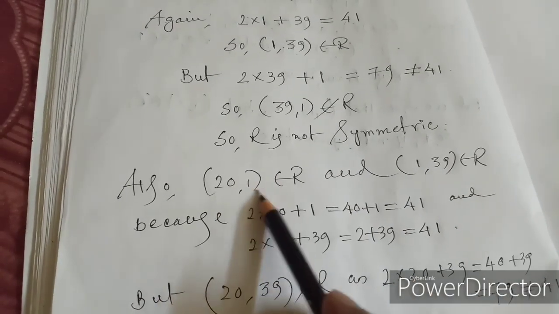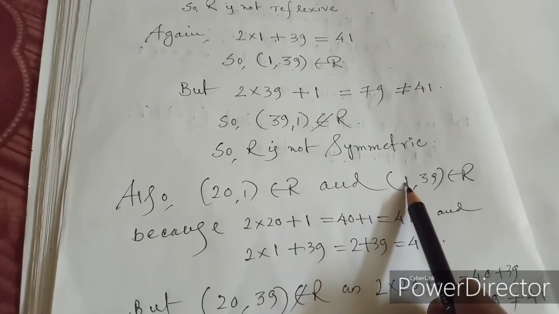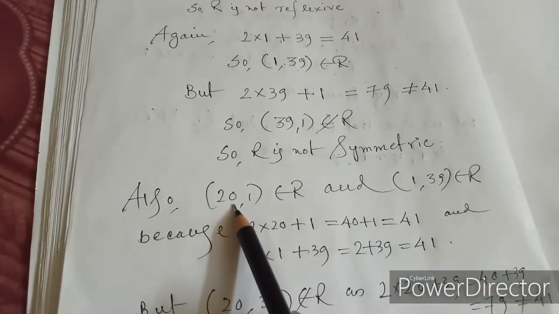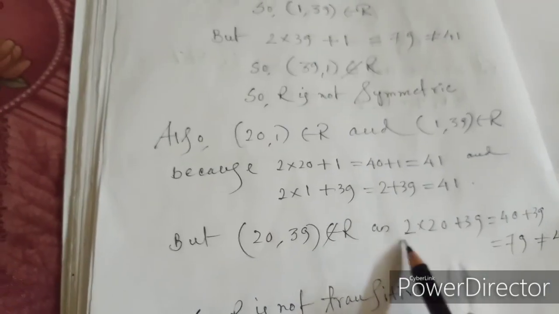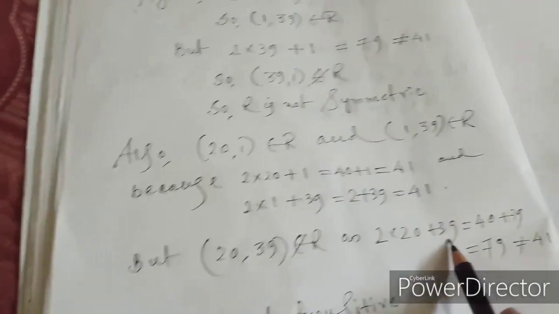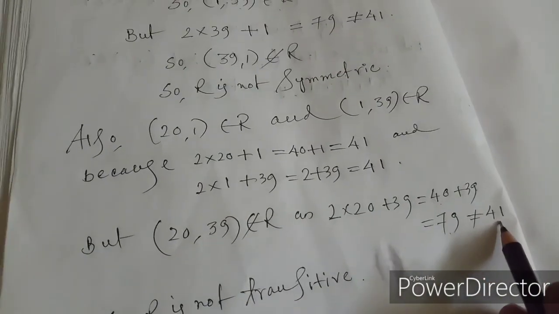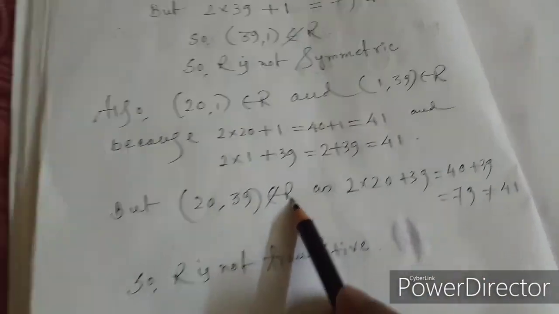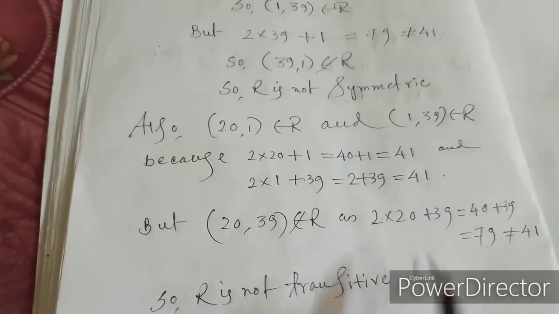This one and that one. So if this relation is transitive, then (20,39) should belong to R. But 2 into 20 plus 39 is 40 plus 39, which is 79, not equal to 41. So (20,39) doesn't belong to R. So R is not transitive. Clear to everybody? Thank you.